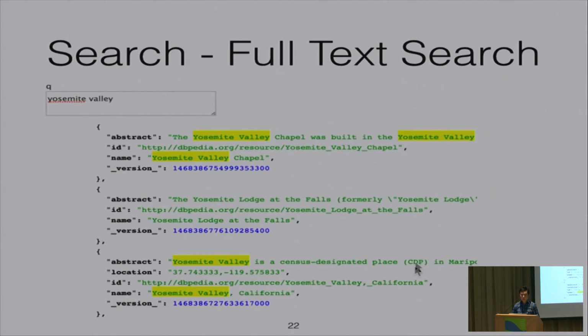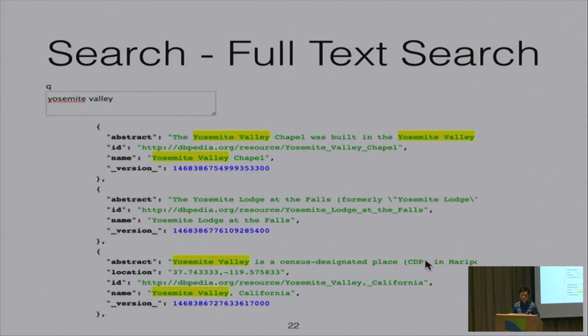So let's see an example. This is when we search Yosemite Valley, and we will get some entities which contain this keyword in their abstract and or names.